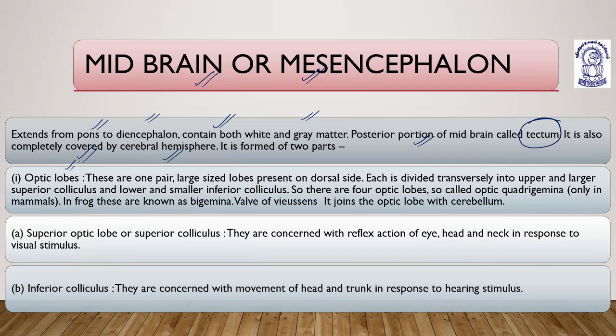Optic lobes. These are one pair of large-sized lobes present on the dorsal side.